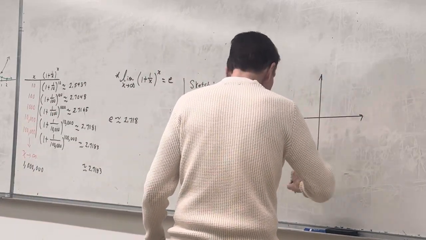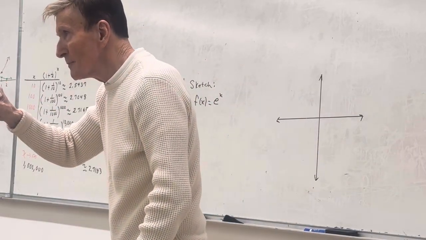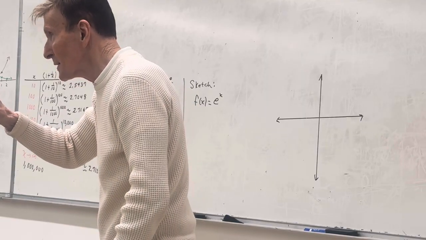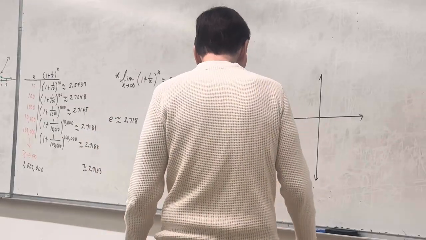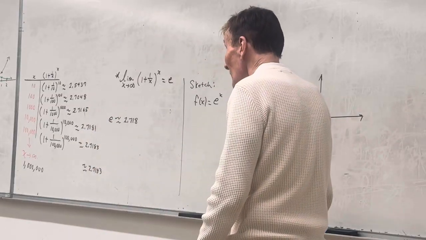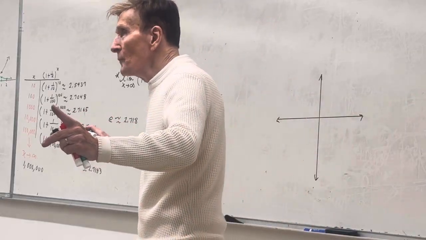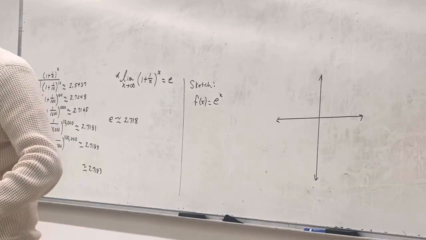Since I did this before the break, I'm going to first sketch 2 raised to the x. Did I sketch 2 raised to the x or not? I did, didn't I? Guys, remind me, what did it look like? I'll just place it real quick without going through another table.